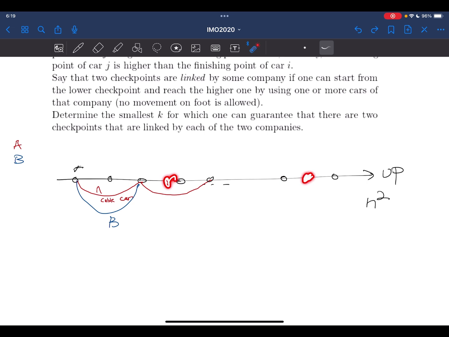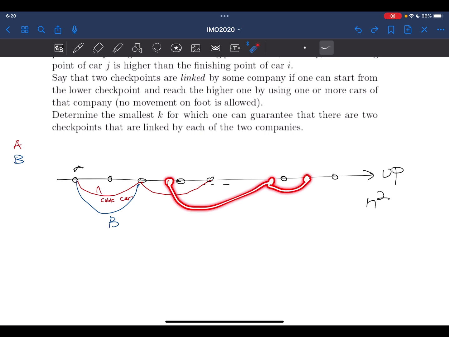That means these two checkpoints are fixed, right? And I managed to link them using company A's cars, and I should be able also to link them using company B cars. So let's say I have this and this. Notice that the links don't have to be similar or anything like that, right? You just need to have a link.